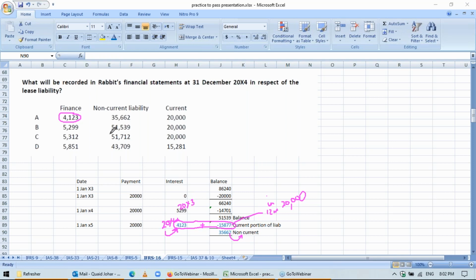They are asking about 2004. So this is the correct one. Then 35,662. This is the correct, and the current liability is 20,000. So the correct answer is A.